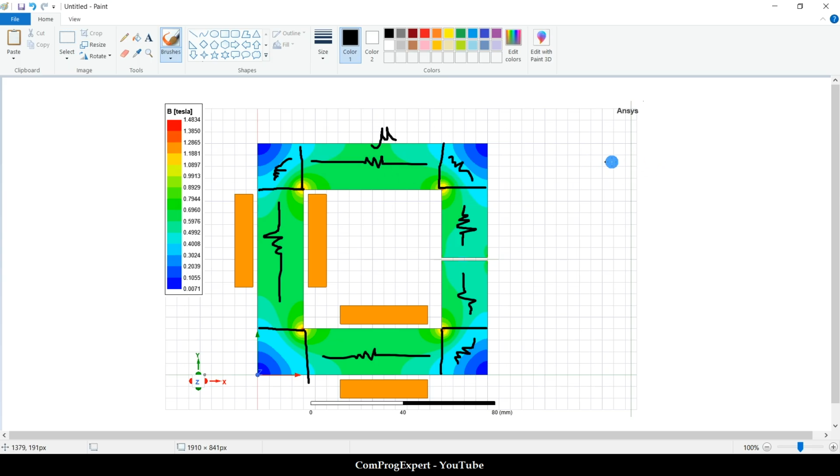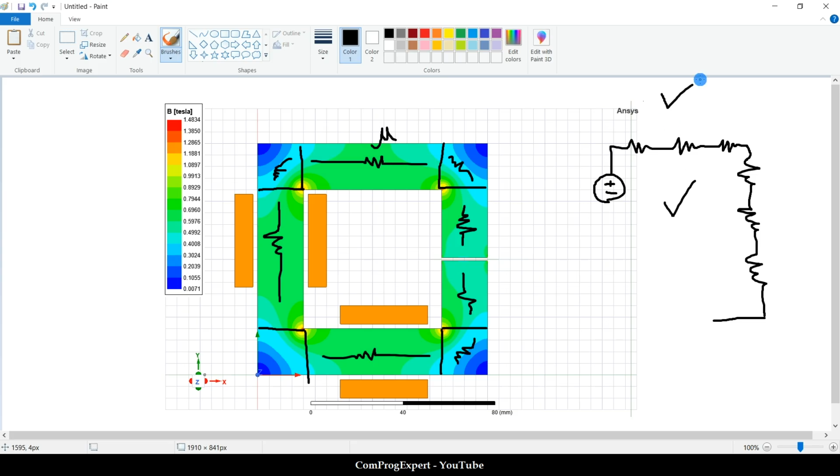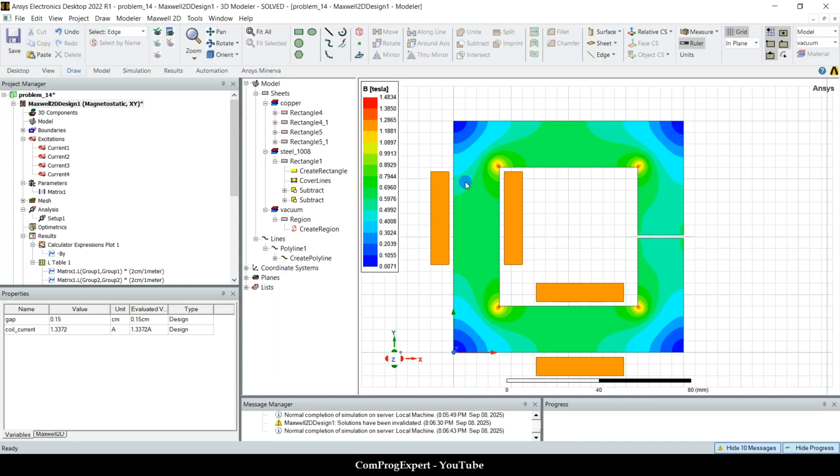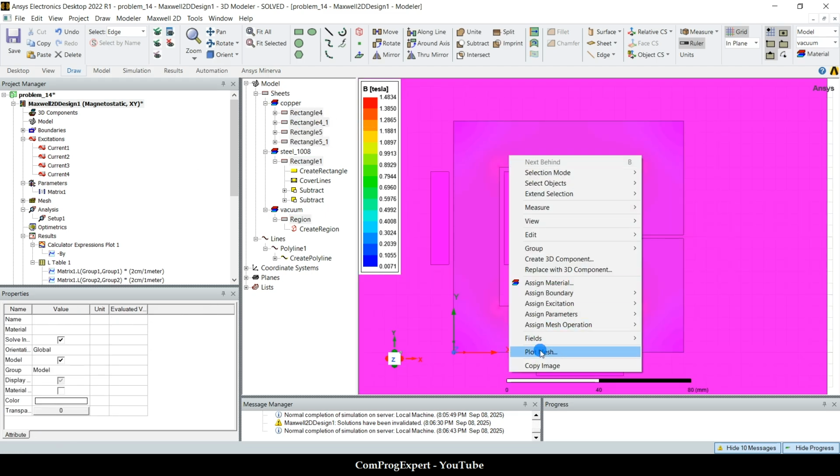But in this case, we will have this distributed equivalent circuit, right? We have a number of reluctances for the core. This will be more complex. But this is what the finite element software do. We don't need to generate this model. If I generate the mesh, let me select all faces and plot the mesh.